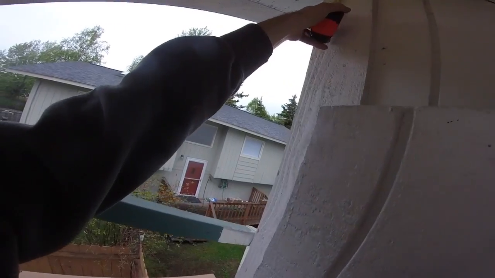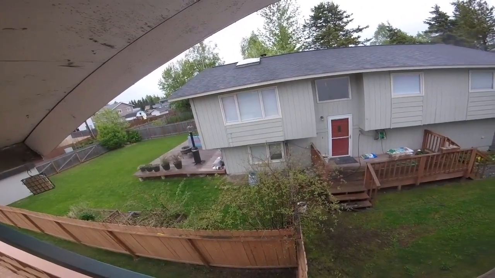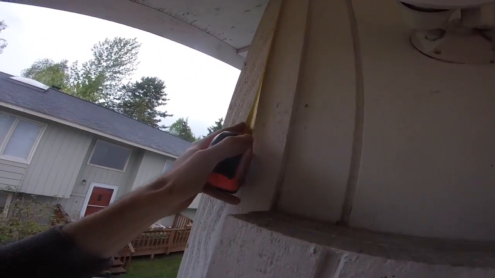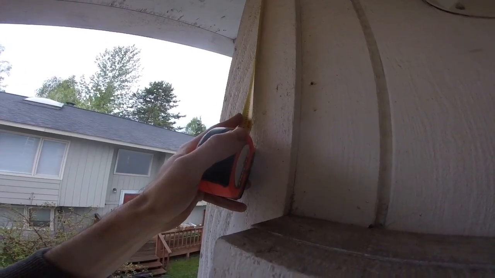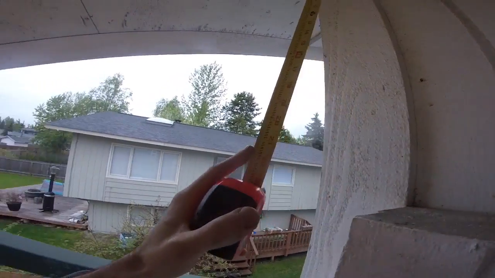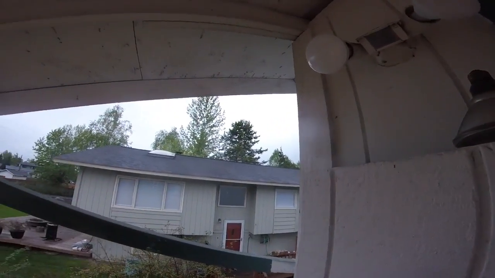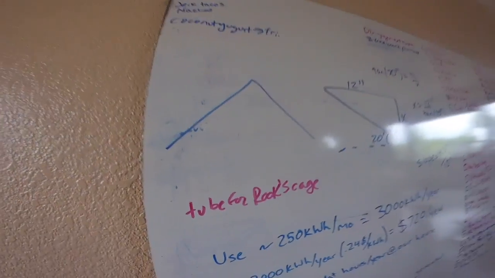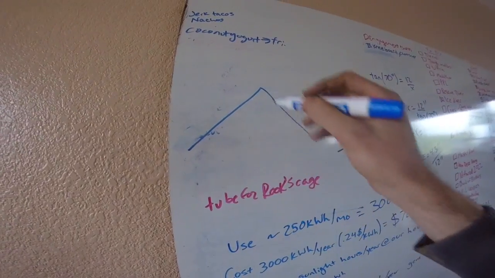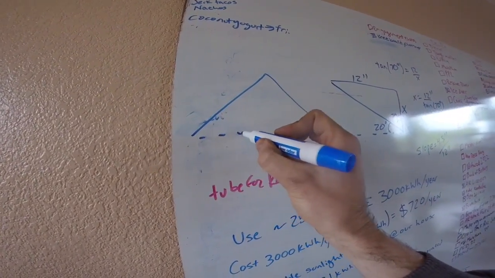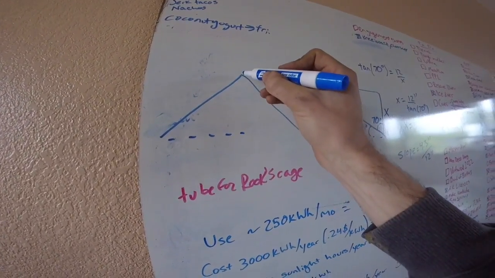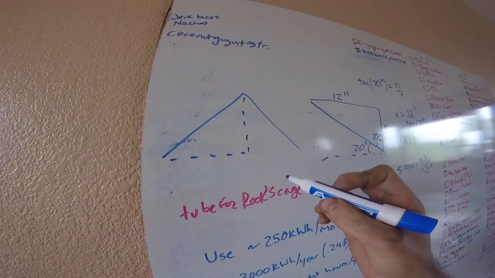Come on, tape measure, work with me. So my measurement here was about 23 inches. That's our rise. And then my run across, I'm not going to be able to do this with one hand, but from here to here was 58 inches. So if you were to do it the measurement way, so this being the roof of the house, if you could measure the distance here, that would be your run, and the distance here, that would be your rise.